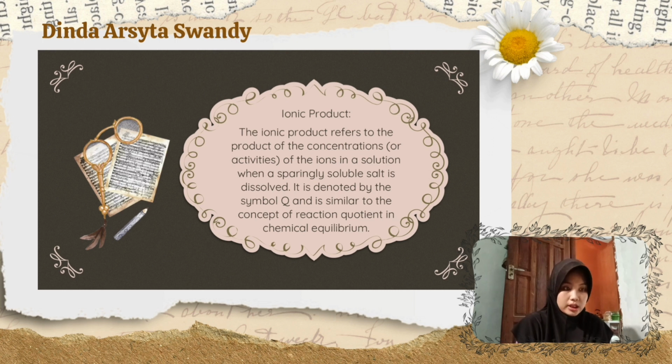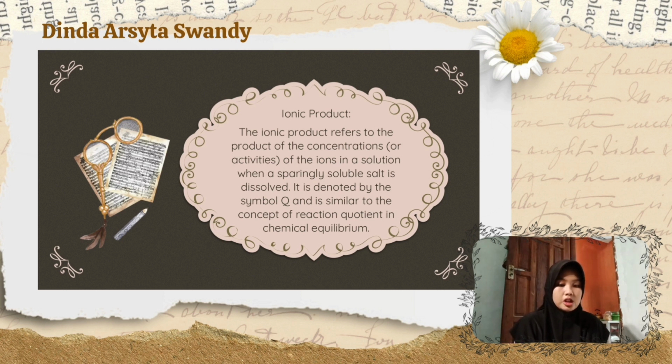It's denoted by the symbol Q and is similar to the concept of reaction quotient in chemical equilibrium. The ionic product helps determine whether a given solution is saturated with respect to the dissolution or precipitation of the salt.